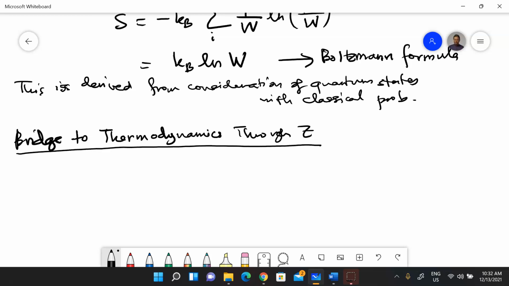Now recall your so-called partition function.